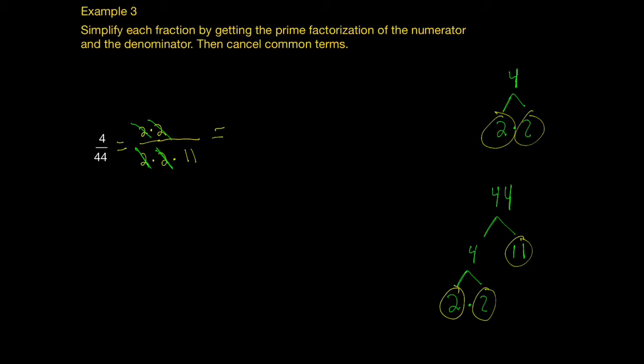So here, all I'm left with is 11 on the denominator, and on the numerator, here we can say that there's an invisible 1 being multiplied at the top. So our final answer would be 1 over 11. That would be the simplification of 4 over 44.